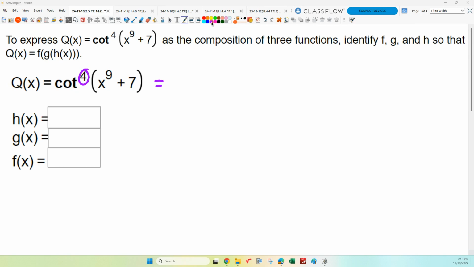Okay. So the outermost layer is the power, right? It's a power function on the outside. What's the next layer? Yeah, cotangent of something. And if I look inside the cotangent, what do I get?